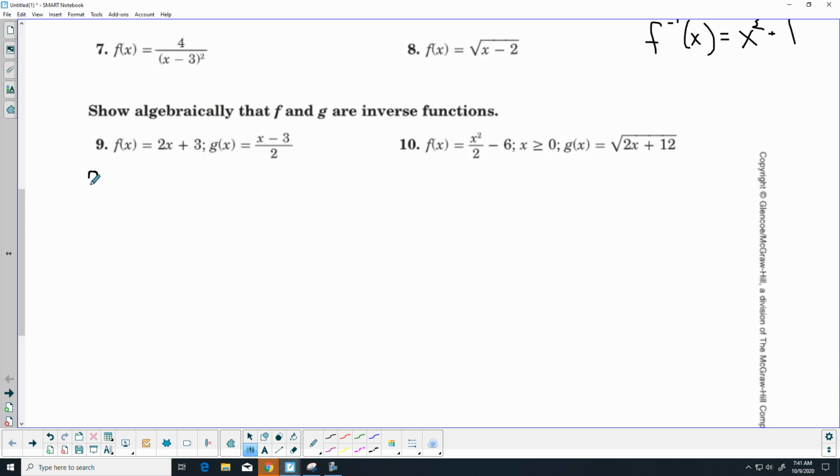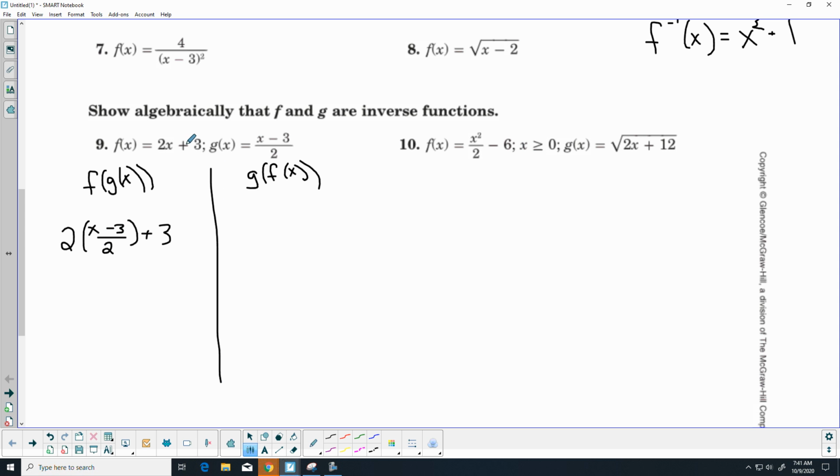So I have to do f of g of x and g of f of x. On this one, I plug the g function into the f function. So 2x plus 3, take out the x and put in x minus 3 over 2.